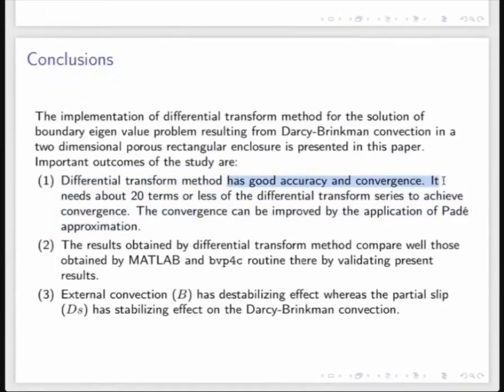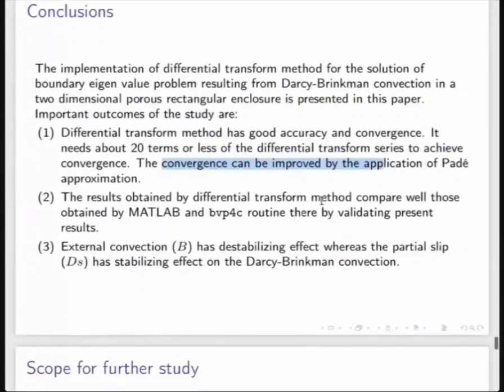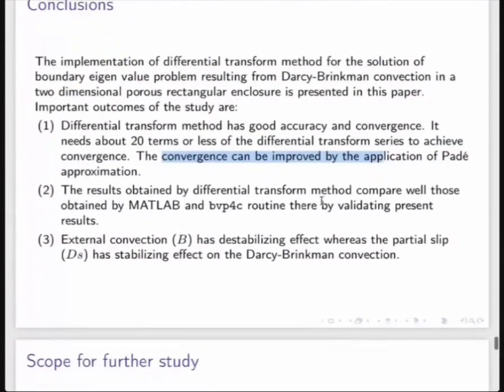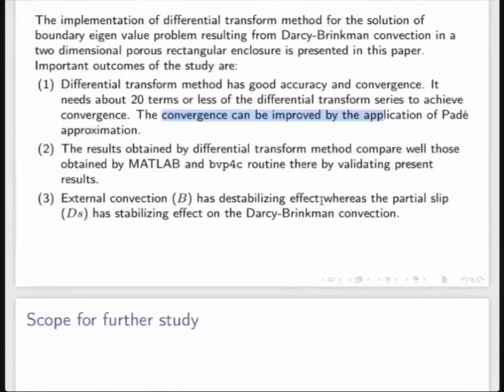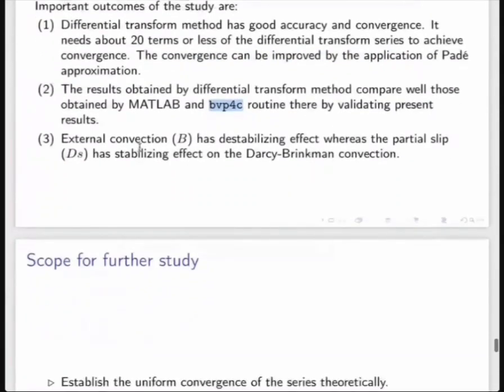As you have all seen, it has good accuracy and convergence, with less than 20 terms needed for convergence. You can further improve the convergence using Padé approximation, and the results are concurring with the BVP4C routine results, validating the present one.